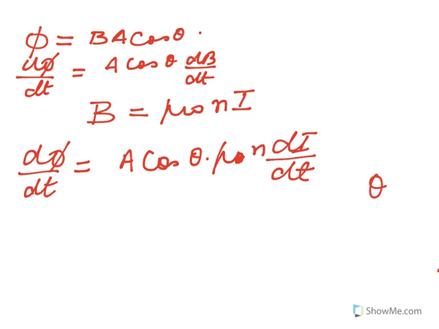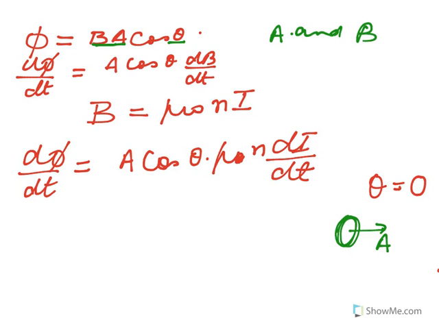Theta is equal to 0 because the area vector of the loop and B are in the same direction. This theta is the angle between area vector A and B. And we have seen that the loop is placed normal to the axis of the solenoid.